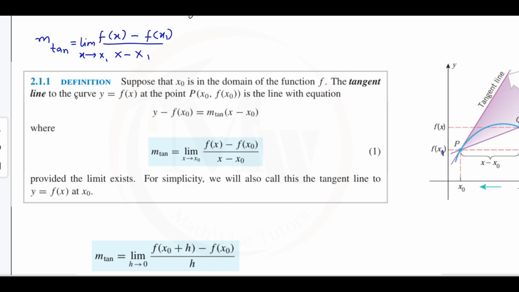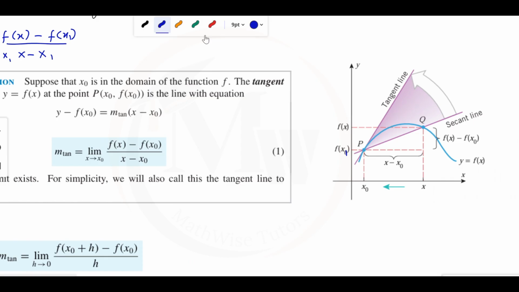The tangent line of the curve y equals f of x at the point x naught, f of x naught, means the tangent line at this point. Look at this, it's the same as I explained before. This is a curve and that's a secant line.